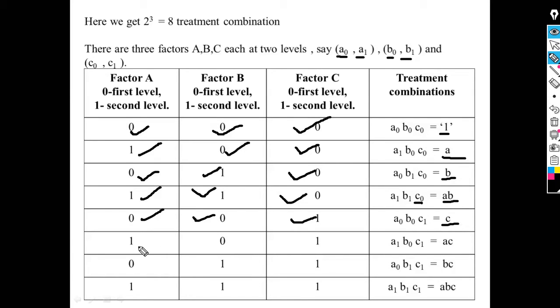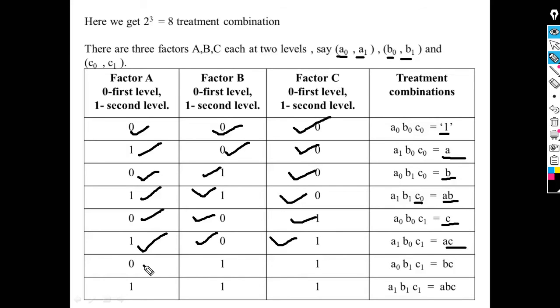The next treatment combination is factor A at second level, factor B at first level and factor C at second level. So we get A1, B naught, C1, which can be written as A into C. So this AC treatment combination indicates that factors A and C are at second level and factor B is at first level.